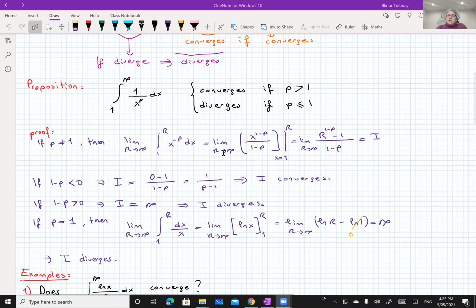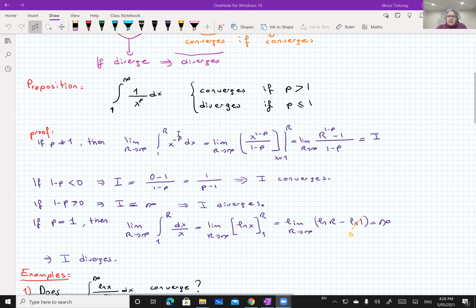The power will be plus 1, and the constant will come up as the coefficient, so we get x to the minus p plus 1 over 1 minus p.